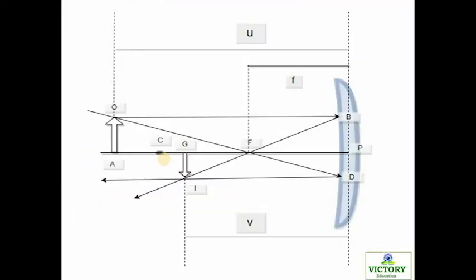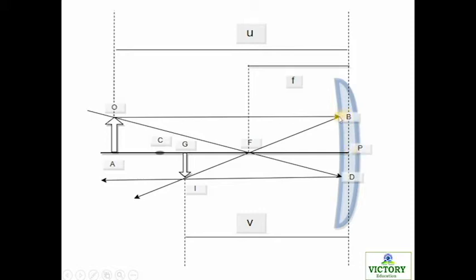Just imagine this is our image, where you have an object, and rays falling on the mirror and getting reflected. You have an image there, and you know the distance between F and P is your focal length, from the object to the mirror is your U, and from the image to the mirror is your V. And remember, we have two points B and D, which intersect on your pole.